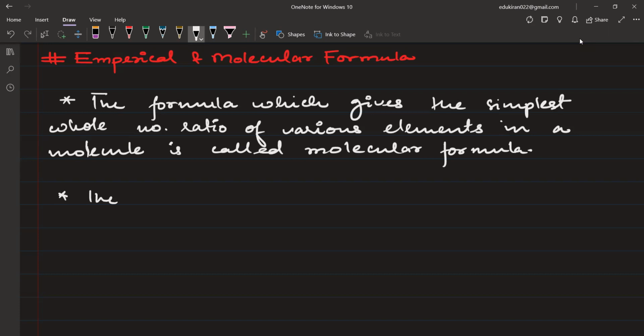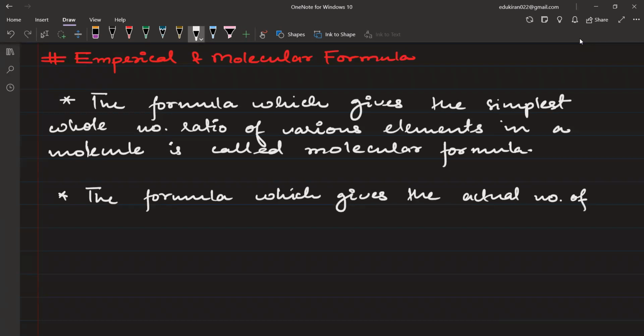The formula which gives the actual number of each element.